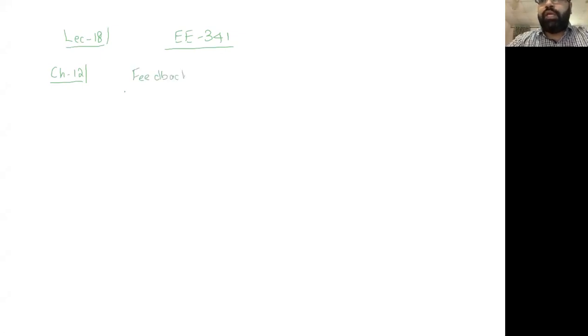Initially, I will give a quick overview of the last lecture. We talked about feedback and negative feedback, and we started seeing the impact of negative feedback on an analog circuit.